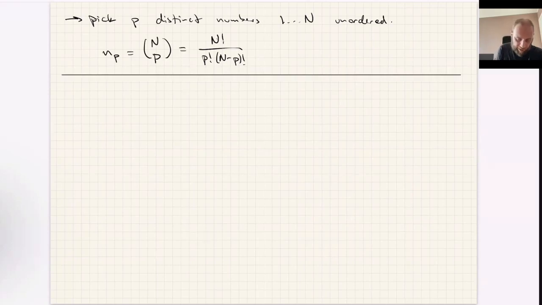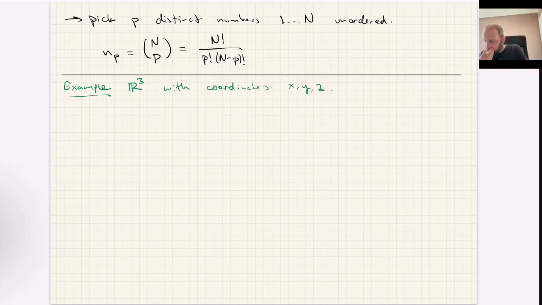So let's just exemplify that. If we look at the p-forms in R3, and I'm going to use regular coordinates now, so coordinates x, y, and z. So there are actually 0-forms.